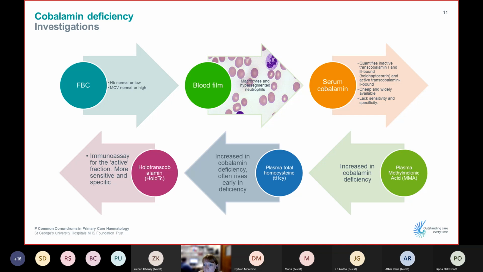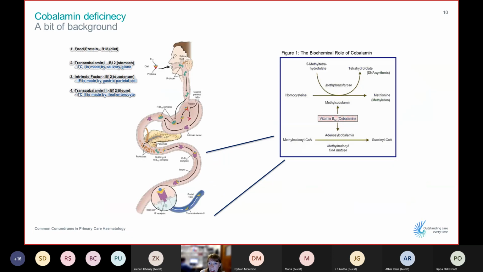And we're able to measure serum B12 levels. Now, this test is widely available and is very cheap, but it lacks sensitivity and specificity. So there are other tests available that can help us work out the diagnosis. If we go back to our pathway, we can see that if we have a lack of B12, there will be a build-up of homocysteine and methylmalonic acid, as this pathway cannot continue.